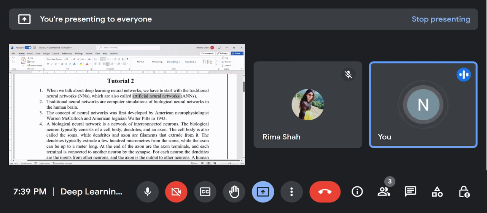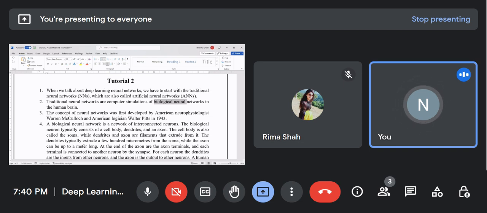Now, how did this concept of ANN come about? How was this architecture prepared? It has been prepared on the basis of the biological neural network, like that of our human brain, because our human brain also comprises neurons, which are trained for computation, and this is where our learning happens.